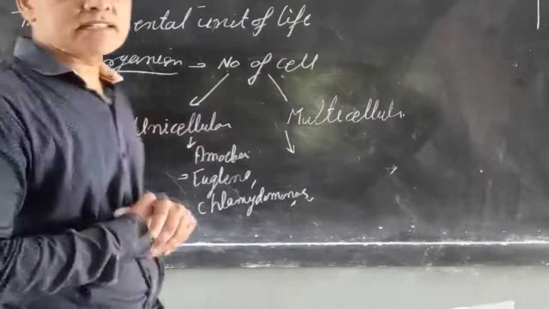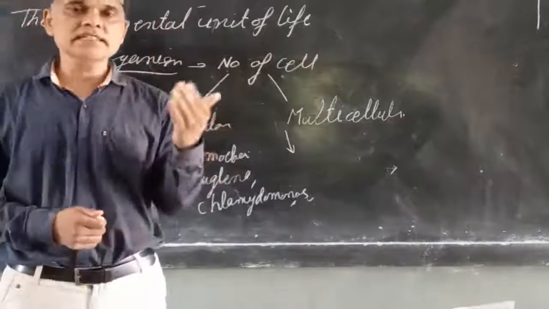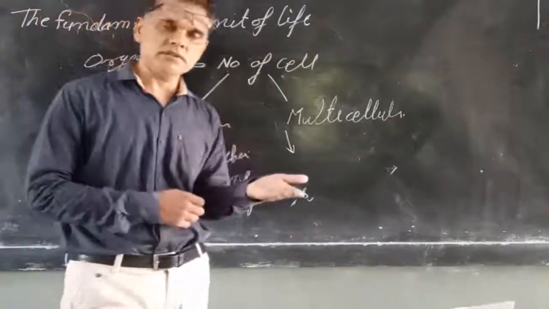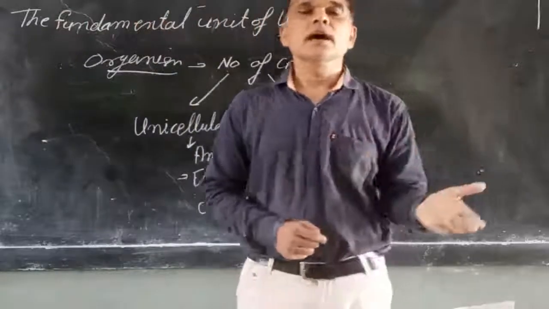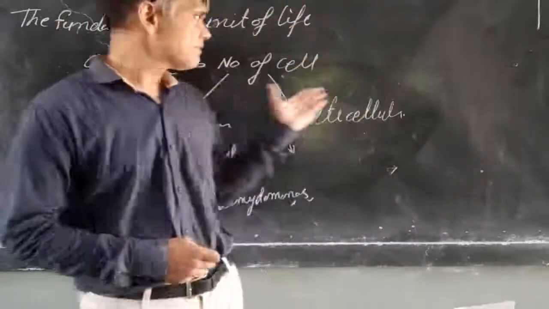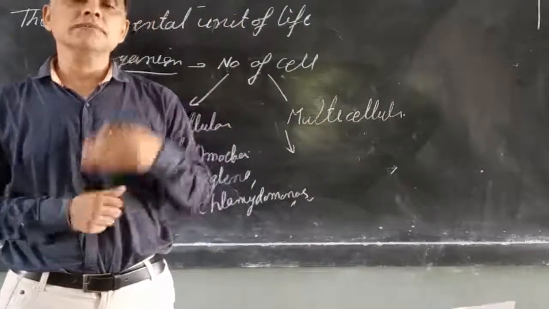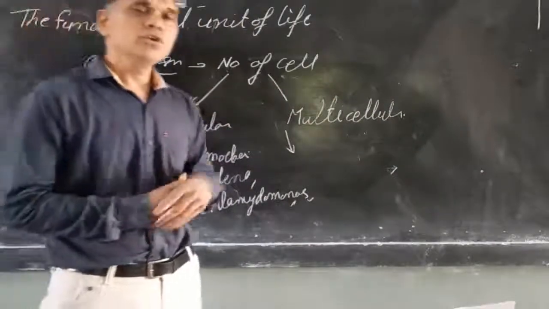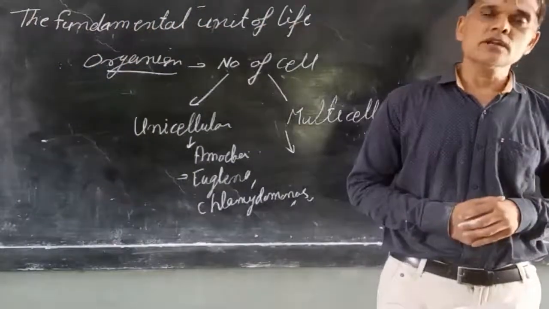So today we discussed 2-3 points. One is what the cell is, how it was discovered, and who discovered it. Another is the cell theory, and the third is the types of organisms according to their number of cells, unicellular organisms and multicellular organisms.